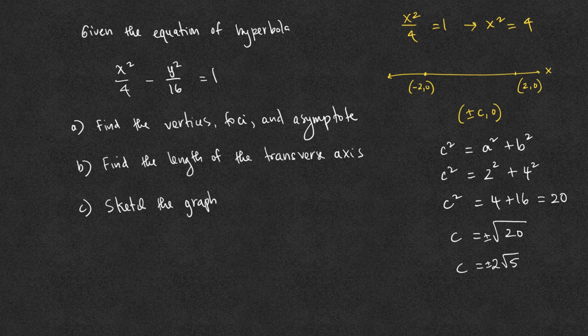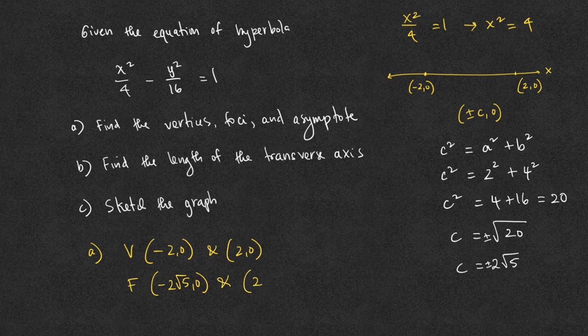And so to answer part A, we have the vertices at negative 2, 0 and positive 2, 0. The foci, the one on the left, is negative 2 root 5, 0, and the one on the right is 2 root 5, 0.